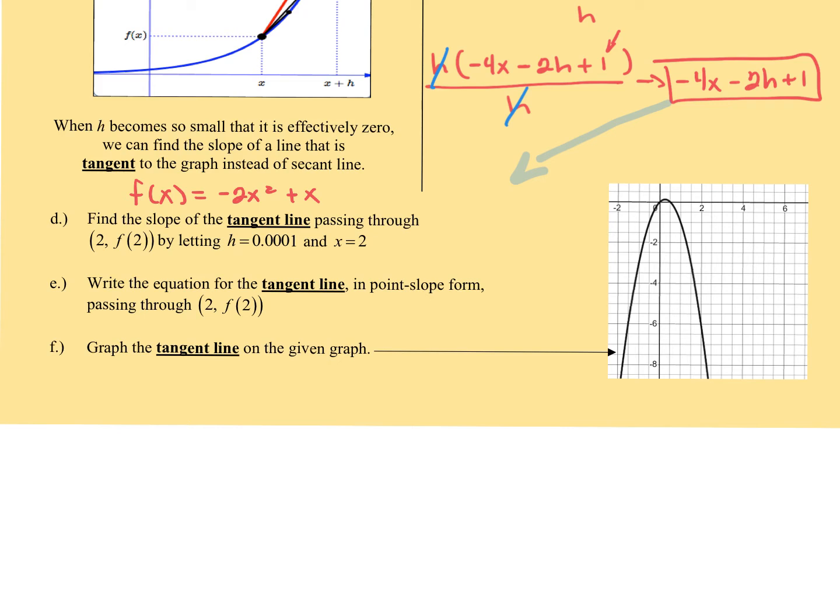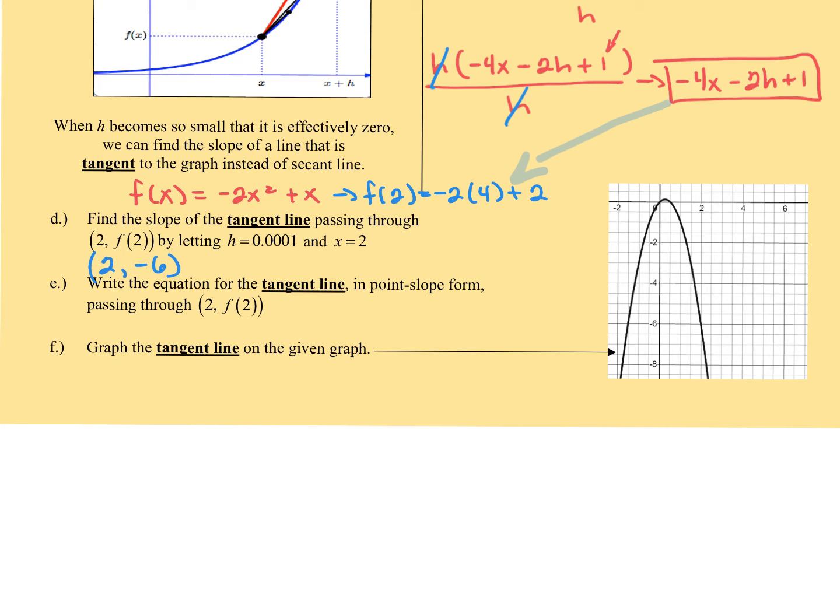So if I substitute 2 into that function and find my f(2), I am going to get f(2) = -2 times 4 plus 2, or in other words, -6. So the point (2, f(2)) is actually the point (2, -6).